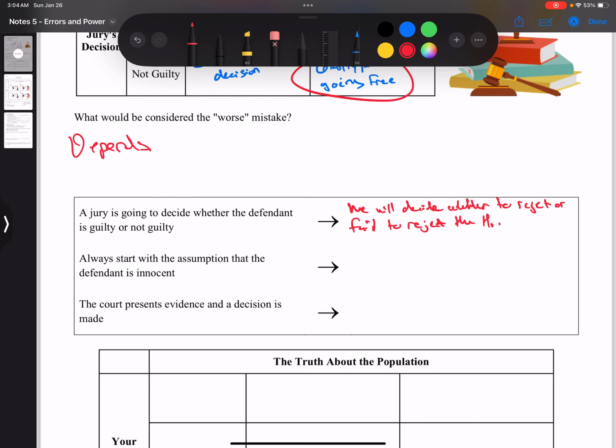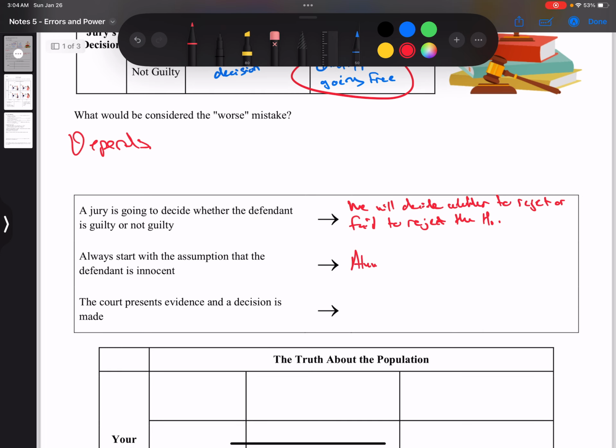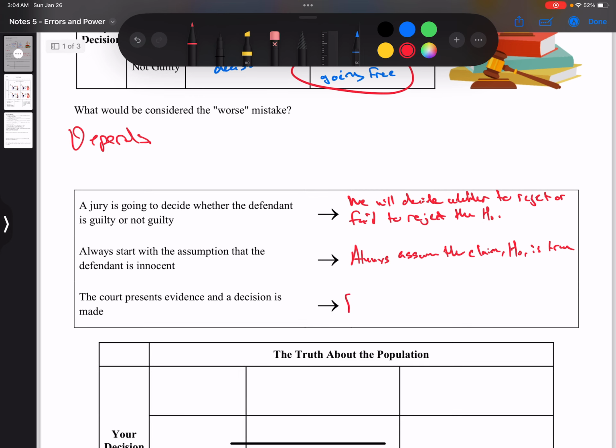And in a courtroom, they always start with the assumption that the defendant is innocent. That's the same thing as us saying we always assume the claim, or our null hypothesis, is true. Then in an actual courtroom, the court presents evidence and a decision gets made. That is us doing our calculations, finding the p-value from sample data.